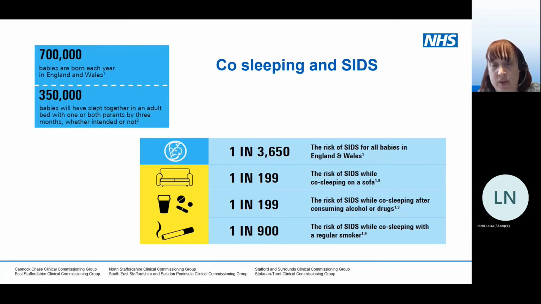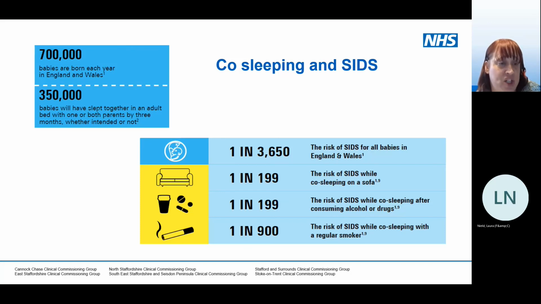So in comparison with the normal risk, a baby co-sleeping with a regular smoker is 4 times more at risk. A baby sleeping on a sofa with a parent, or co-sleeping after the parents have consumed alcohol or drugs, increases the risk by 18 times. So you can see where sharing information with parents about how to sleep safely can have a big impact on reducing the deaths.